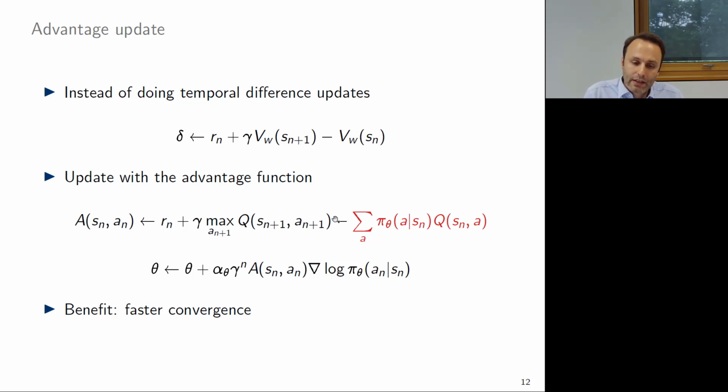And then we subtract from this the expected rewards. So this is the sum over all actions of the probability with which we take an action times the reward we get from this. And so we can use this advantage function also to do the policy update. And again, we get a faster convergence here.